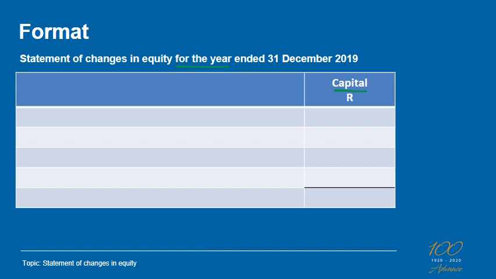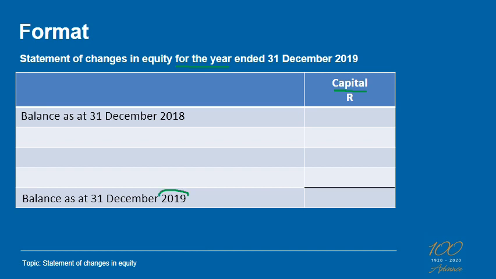So I'm going to show in this statement a reconciliation of the balance of the capital account as at the start of the year and as at the end of the year. So the 31st of December 2019 is my financial year end, and I want to show the users how the capital balance changed from the start to the end of the year.